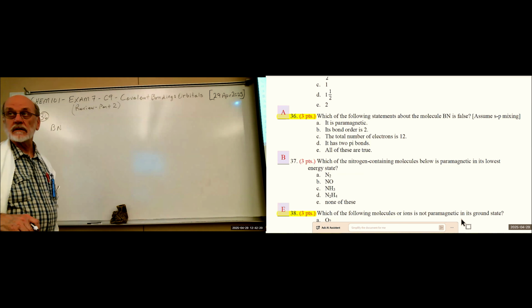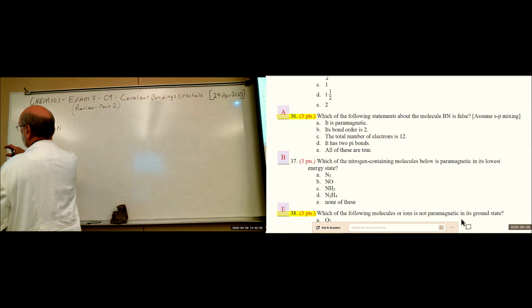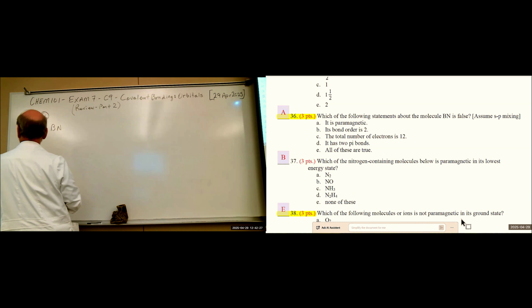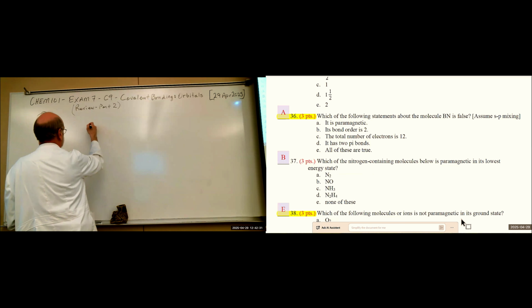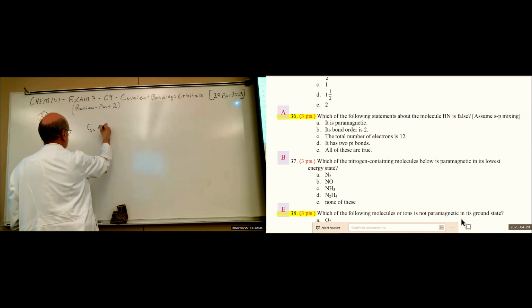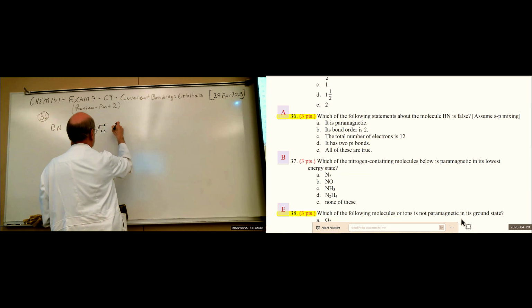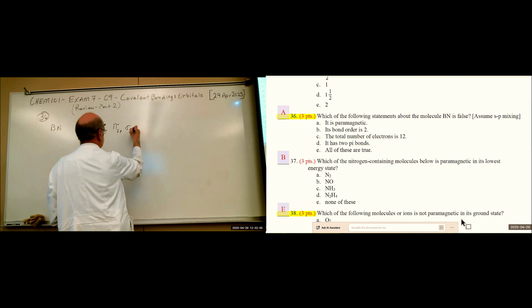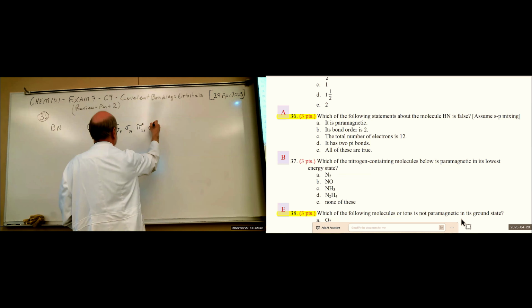And if we're assuming sp mixing, which makes sense, because boron and nitrogen are both on the left-hand side of that dividing line, then we would start with 2s and sigma star 2s. Then with mixing, we would have pi 2p and sigma 2p, then pi star 2p and sigma stars.